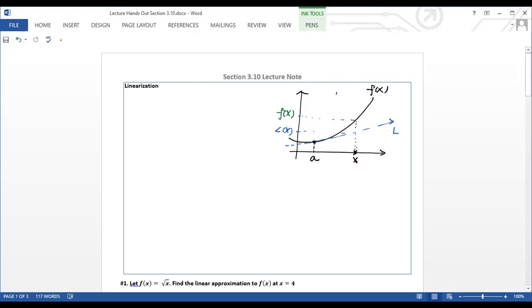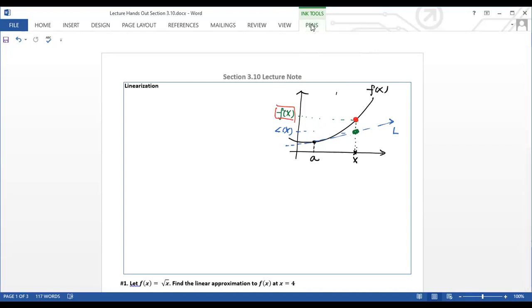If you give me a value of x, I really want to know the value of f of x, but sometimes f of x is very difficult to find, so I can try to approximate it. If you are very close to a, then L of x is a pretty good estimation for f of x.